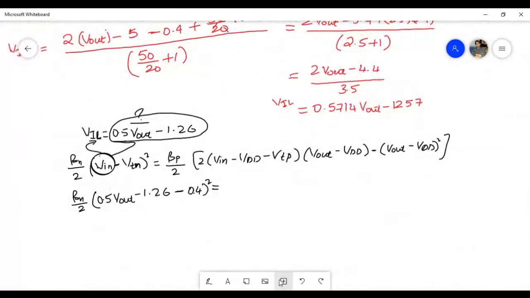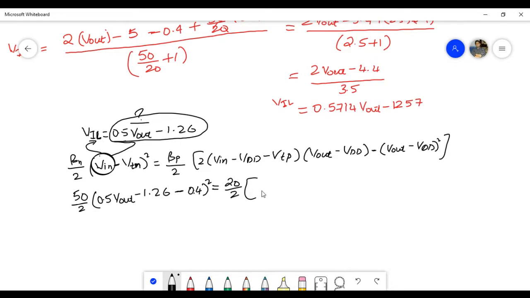So we can write 50 by 2, and beta p is 20 by 2 into 2. In place of V in, I can write 0.5 V out minus 1.26.